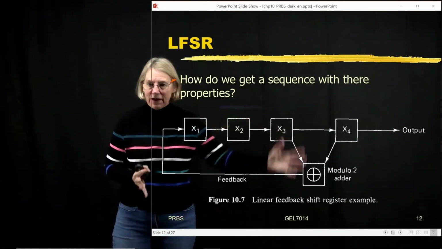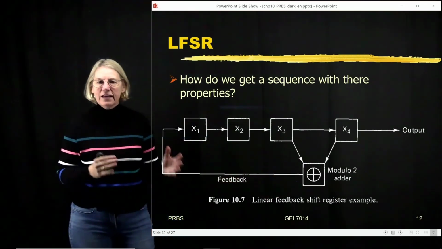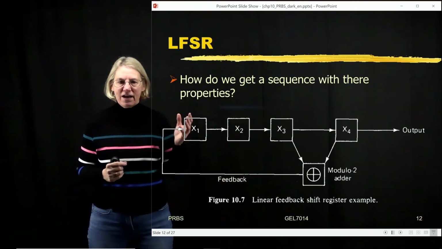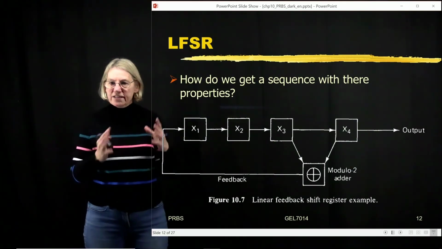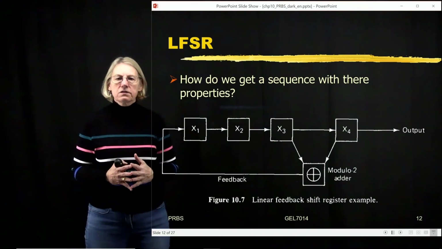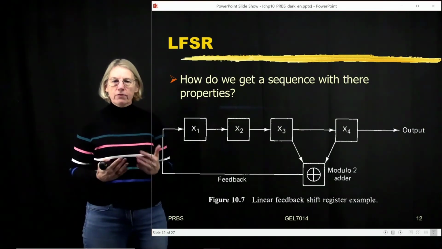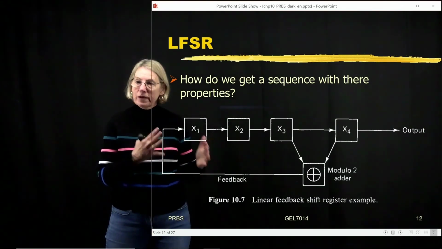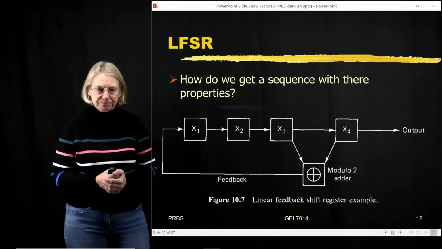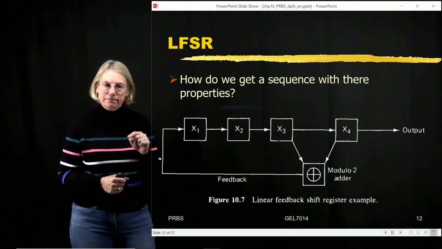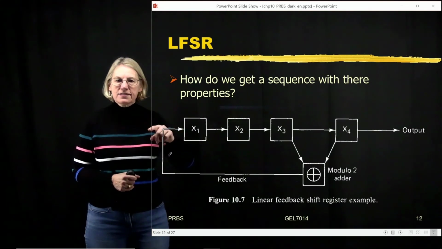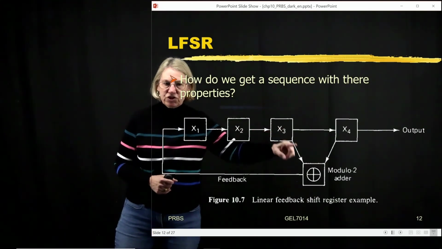What's nice about this is that it uses very inexpensive components to build it. Very tight, small. And if we want to run at very high baud rates, it's easier to do because the components are so simple. What's important to realize in this shift register is the cyclic nature of it.